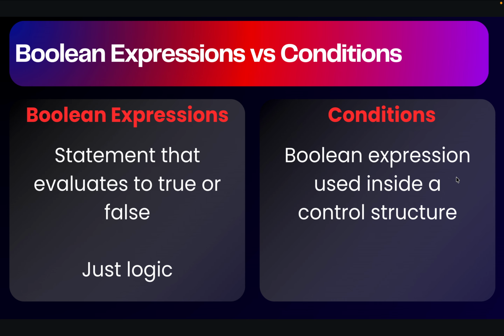Whereas your condition is going to be a Boolean expression that's used inside of a control structure within your code. So this condition deals more with the coding that you are completing, while a Boolean expression can basically just be a general piece of logic.